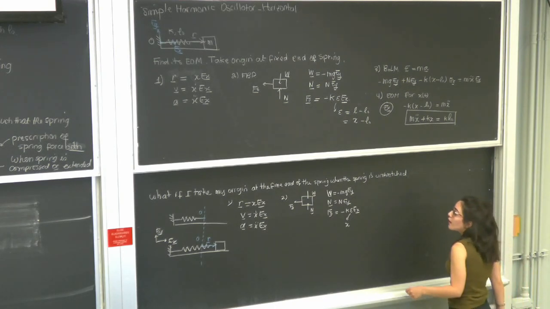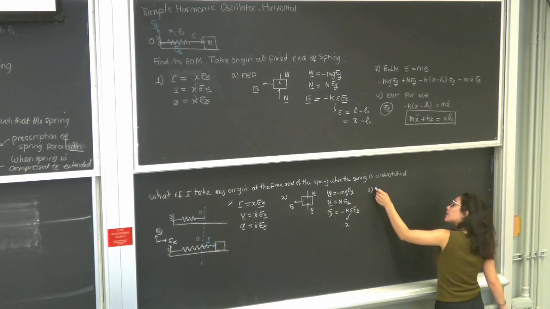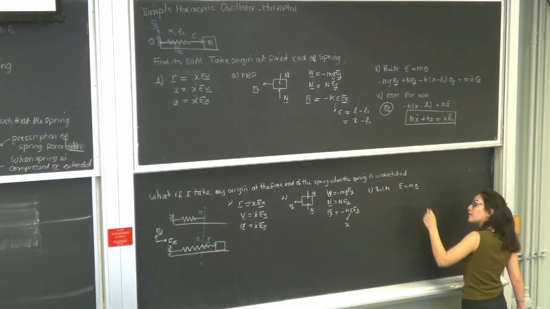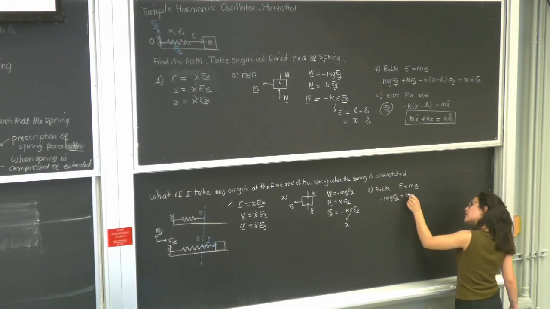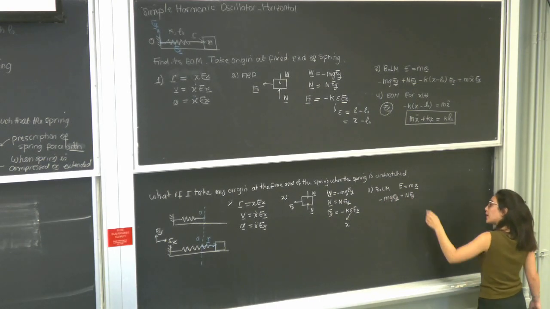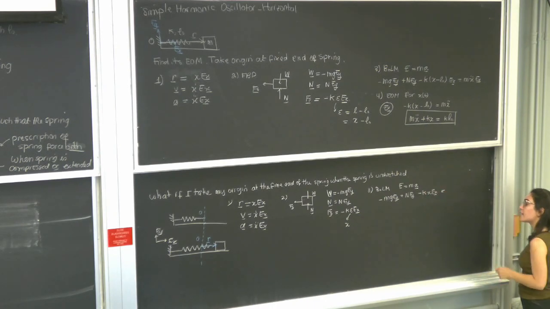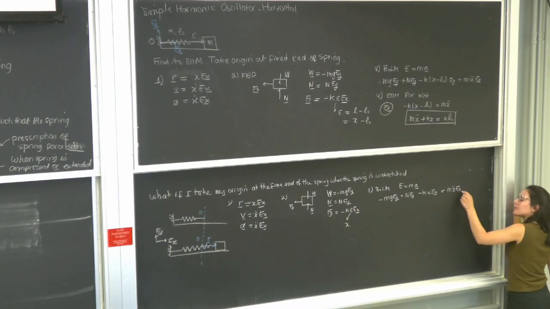So now, when I write the equations of motion, balance of linear momentum, F equals ma, I'll get minus mg ey plus n ey minus kx ex is equal to m x double dot ex.